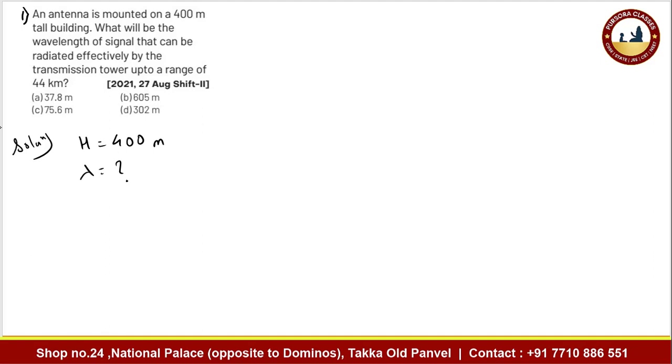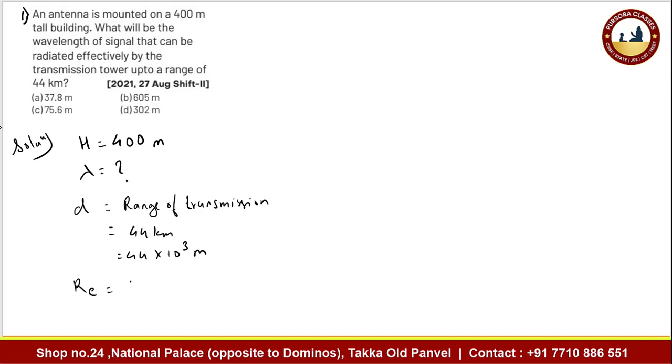okay, so D is given as the range of transmission. The range of transmission given over here is 44 kilometer, or you can write 44 into 10 raised to 3 meter.